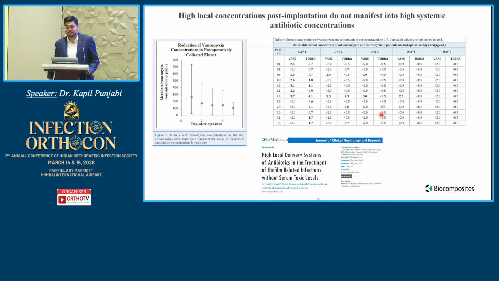Now, when we're talking about this high concentration of antibiotics in the local site, we're always worried about what's happening systemically. There is a study which proves this: they did 50 arthroplasty cases and determined the antibiotic concentration in the local element, which is obviously very high because that's where the entire antibiotic concentration is. At the same time, they withdrew peripheral blood and determined the serum concentrations for the first 5 days, which were at the MIC levels or much below that, or almost non-quantifiable by day 3, day 4.